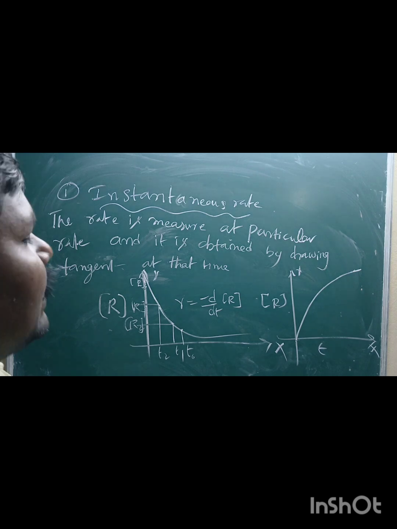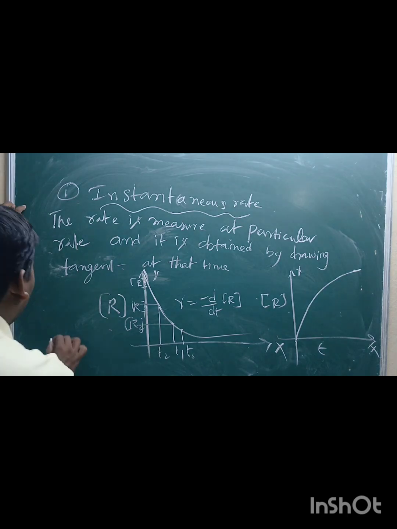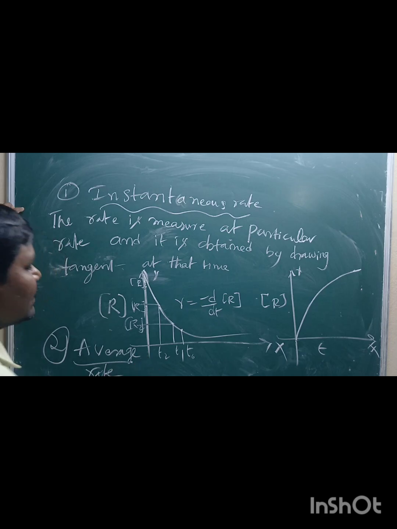What is average rate? The rate is measured over a finite interval of time, and it is obtained by knowing the concentration of the substance at two different times. It's called average rate. Thank you.